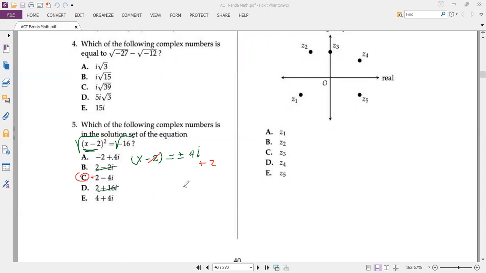So he takes negative 4i and plus 2, and rearranges it to the first one, minus 4i. The answer can also be plus 2 and plus 4i, but we don't have this option. Only this right one.